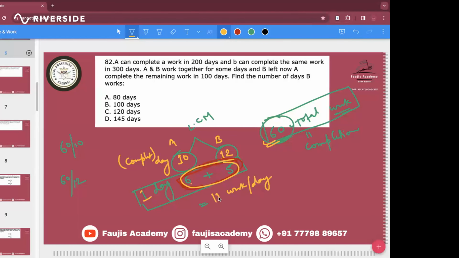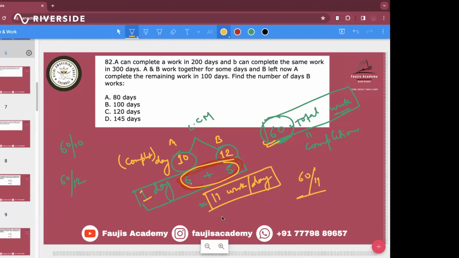So how many days will they take to finish the work? It's 60 by 11. James, I'm telling you that you and your friend together are able to run 5 kilometers per day.